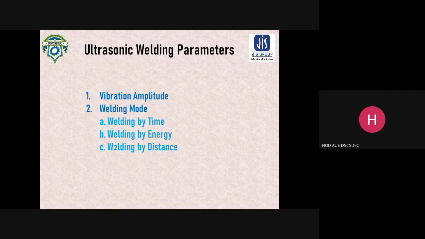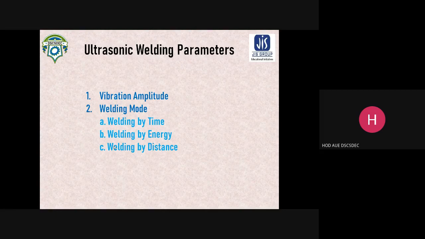Now, what is welding by time? Welding by time is termed an open loop process. The components which are to be welded are first assembled together in the tooling fixture, and then the welding horn descends and makes contact.